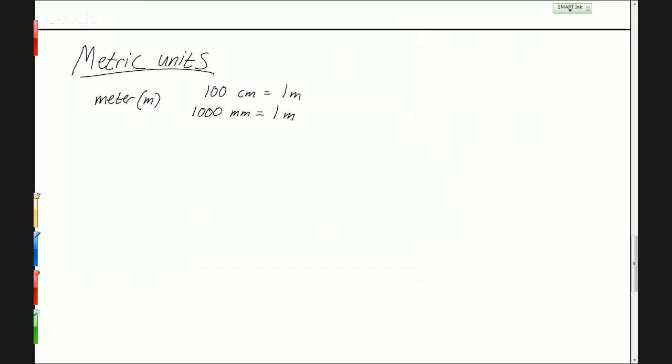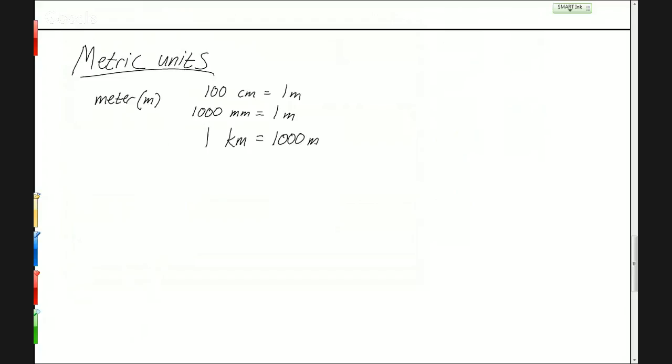There are 1,000 in a meter. You need to know those two equivalences, and you also need to know that 1 kilometer is 1,000 meters. So 1,000 of these together is a kilometer. The nice thing about the metric system is those prefixes are general and they work for any kind of a unit.